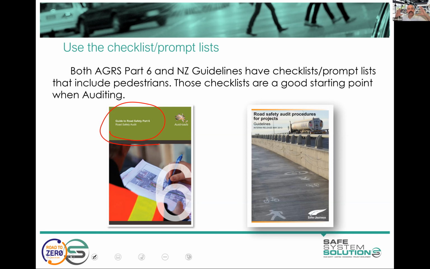No, we need you to still think about it holistically. So now they're called prompt lists in part 6. In the current New Zealand guidance, you've got checklists, and we'll wait and see what comes out in the next one. But using those, you'll be really well moved forward in your thinking.